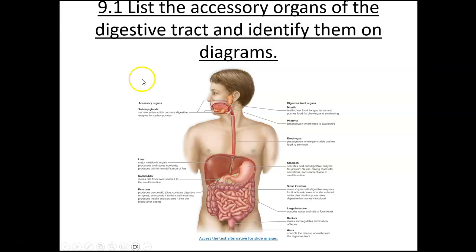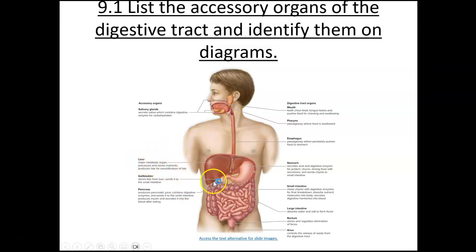There are also some organs that we call accessory organs. These are organs that help the digestive process, but aren't part of this continuous tube that we call the GI tract. The accessory organs we're going to talk about are the salivary glands, and we've got 3 pairs of salivary glands associated with our mouth.